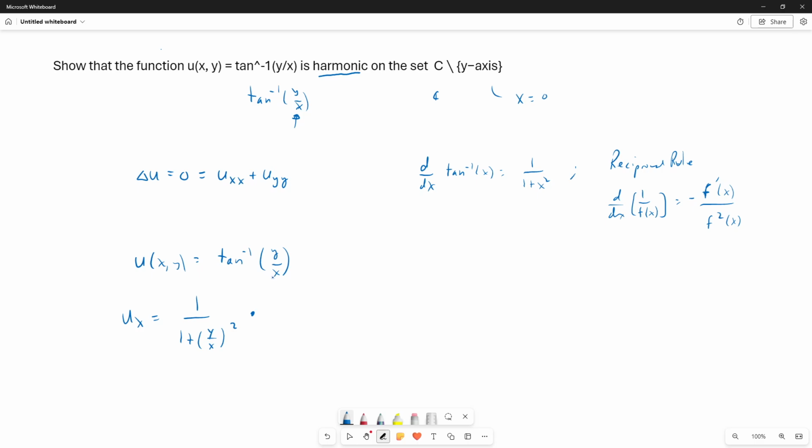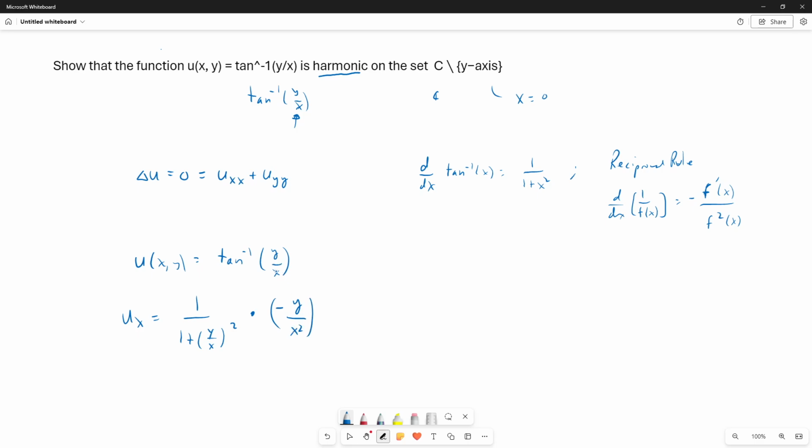So this is where the reciprocal rule comes in. The derivative of this fraction with respect to x, the numerator is a constant, so the numerator can just stay. So it's going to be y, and then times the derivative of 1 over x, which is negative 1 over x squared.